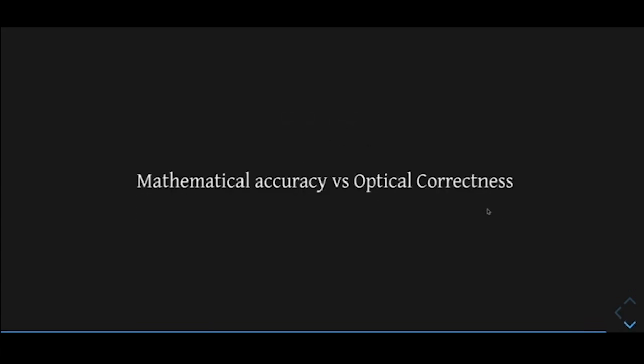Another big challenge that I noticed while working with this, as an engineer, as a person who is keen on mathematics, is a constant struggle between mathematical accuracy and optical correctness, because I will try to make the equations elegant in terms of mathematics. So half of a shape, half of the width means 0.5, right?